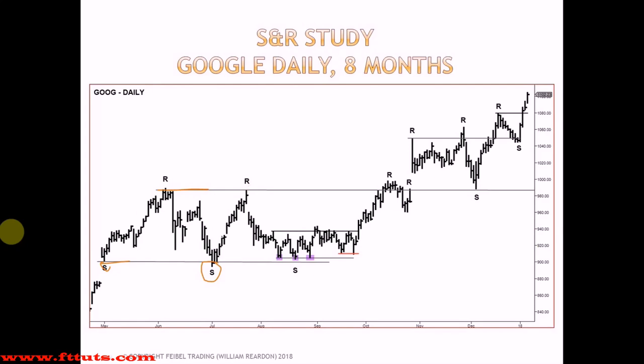We'd expect this drive up for this resistance to hold, and indeed it does hold. Okay, and if we were to upthrust here, come up, reverse, break that high and close low, that would be an excellent trade, but this doesn't occur.